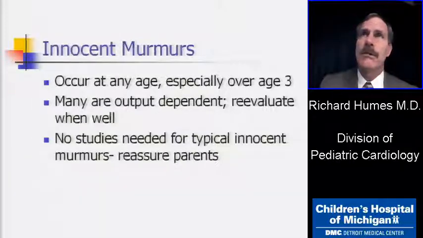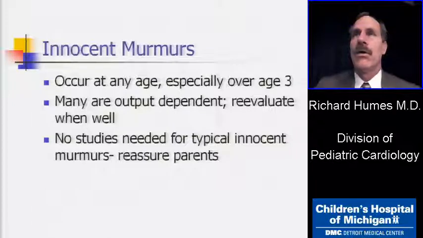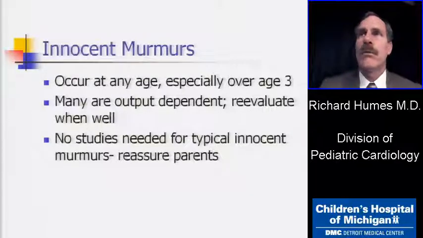You need to label it as such so that they understand that label, because that often doesn't happen in the pediatrician's office. You need to make sure you tell them that they are normal, that they can do anything that any other child can do because they have a normal heart, that there are no restrictions and no need for dental precautions, and that the murmur will eventually go away with time.